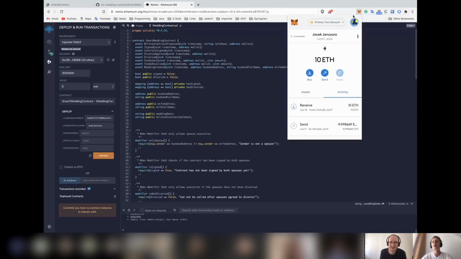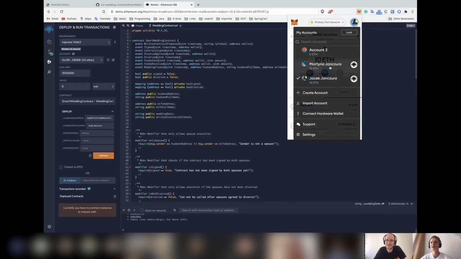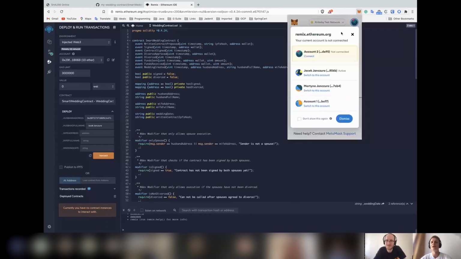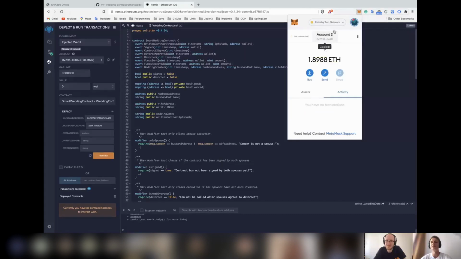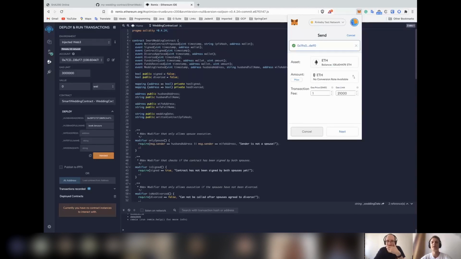And by the way, this is MetaMask. MetaMask is a really cool password manager for blockchain. It allows you to have multiple accounts and easily make a transfer. So, for example, I want to transfer from this account to this account 5 ETH.